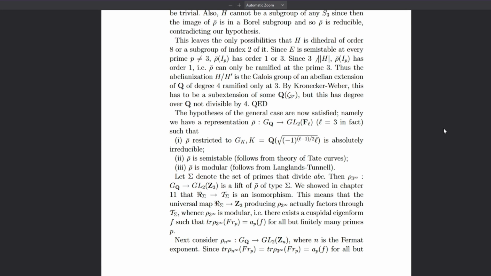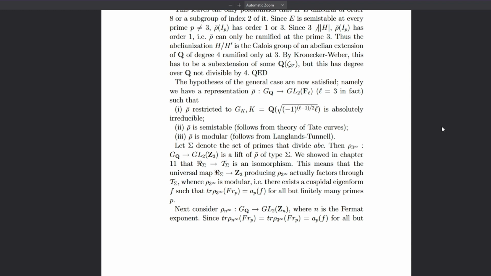This means that the universal map R_sigma to Z_3, producing rho_3 to the infinity, actually factors through T_sigma. Hence, rho_3 to the power infinity is modular. That is, there exists a cuspidal eigenform f, such that the trace of rho_3 to the infinity of Frob_p equals a_p of f for all but finitely many primes p.